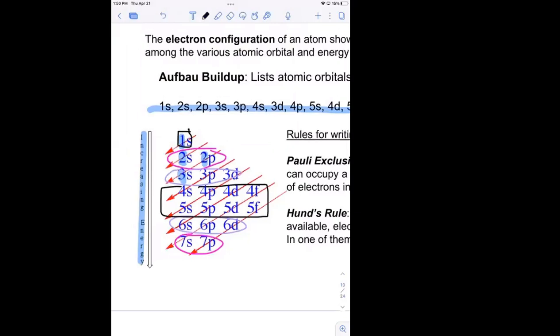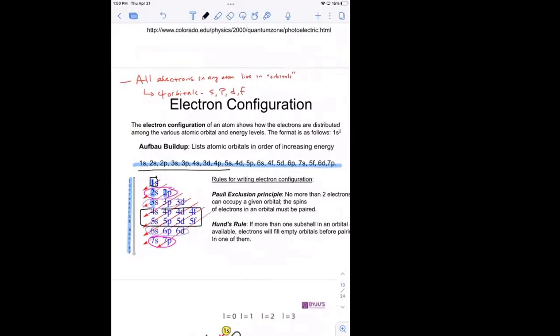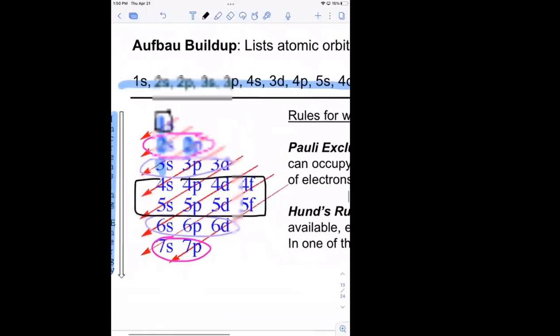When I was an undergrad, I just learned it straight like this, across. You can do that, but sometimes it's about working smarter and not harder. And if you have a way to memorize it, and because it's going to fill up this way too, when you're building an electron configuration, you're going to fill up just like this: 1s, 2s, 2p, 3s, 3p, 4s, 3d, 4p, like that.